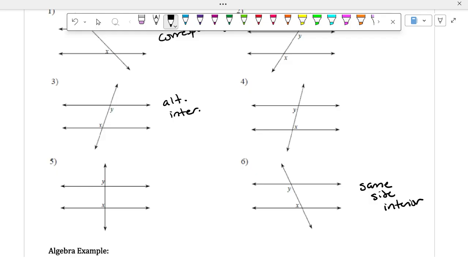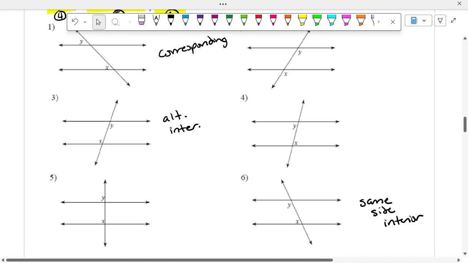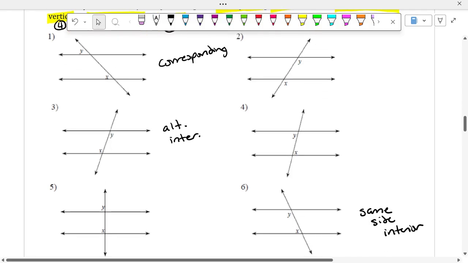All right, let's do one more. Let's do number 2. So look at number 2. Ask yourself what you think it's going to look like. What relationship is number 2? Think about how many fingers you're going to raise.